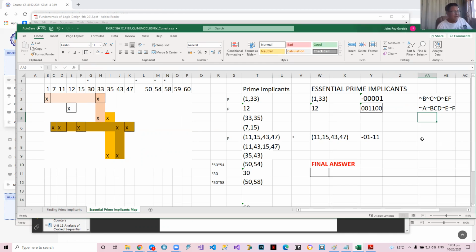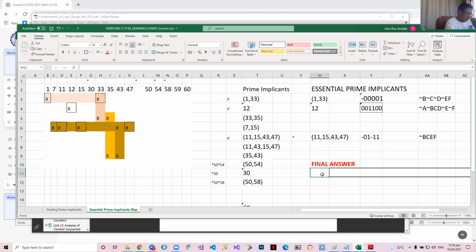We follow? And what is this? Okay. Matanggal yung A, so we'll have not B, C, D is removed, E, F. Okay, we'll make this 18. Okay. Kasi ang ginawa nating prime implicant dito is this. Ito mas malaki. The bigger group should be used as the prime implicant, essential prime implicant. Okay, because it removes more. Okay.